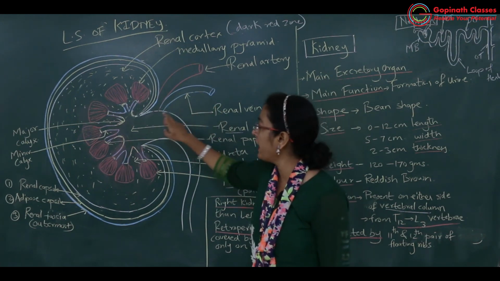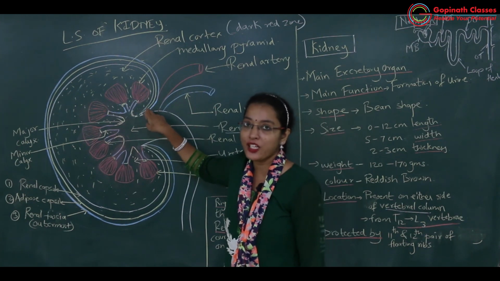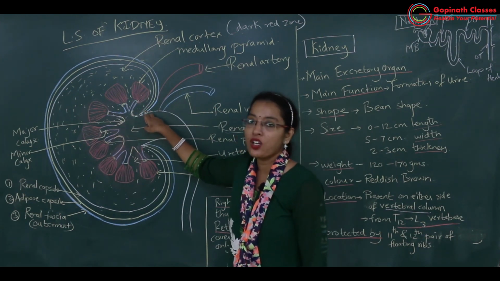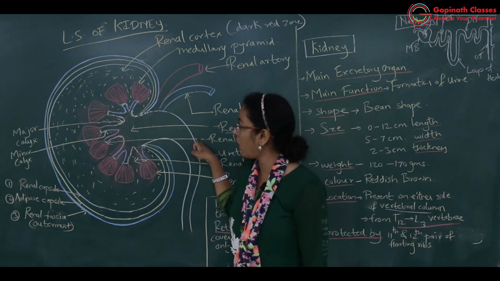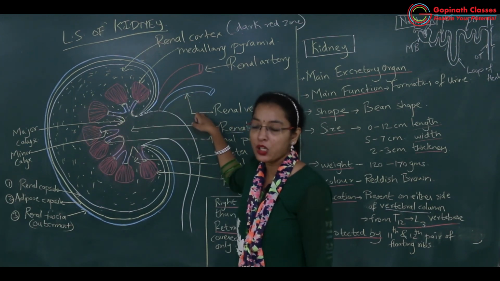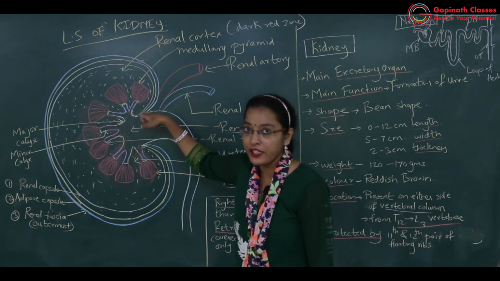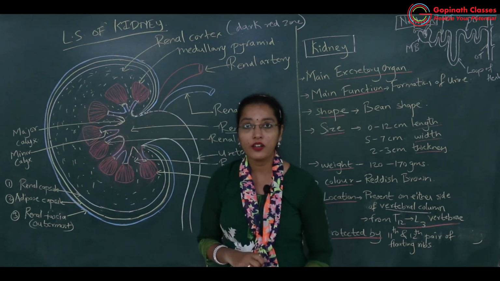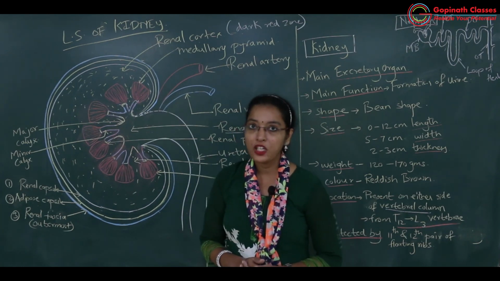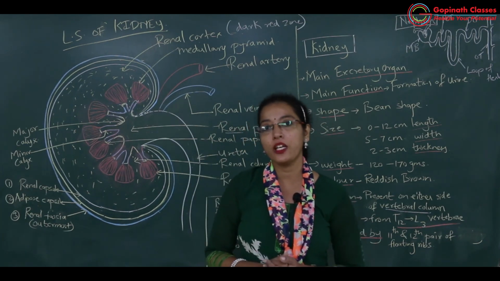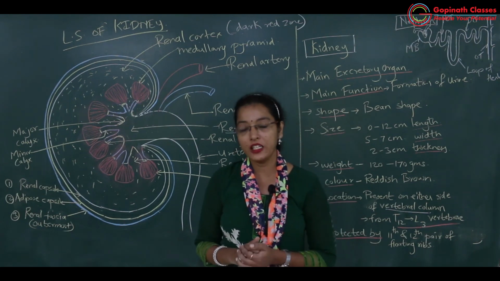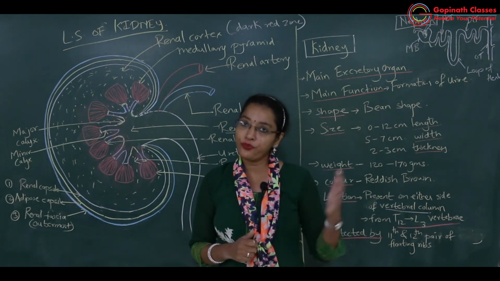Okay, so hilum is what? It is the notch-like structure through which ureter will come out, renal vein will come out and renal artery enters inside the kidney.